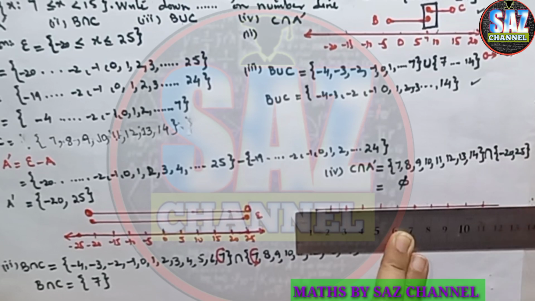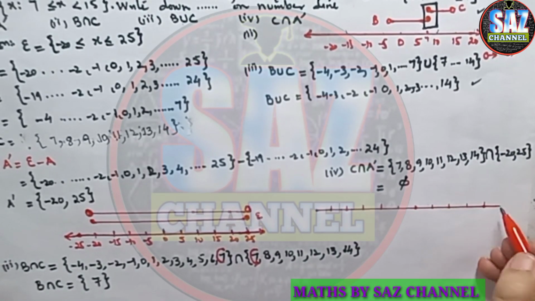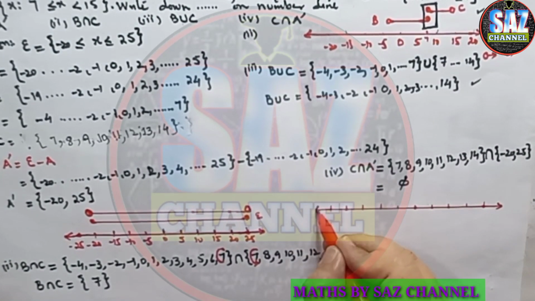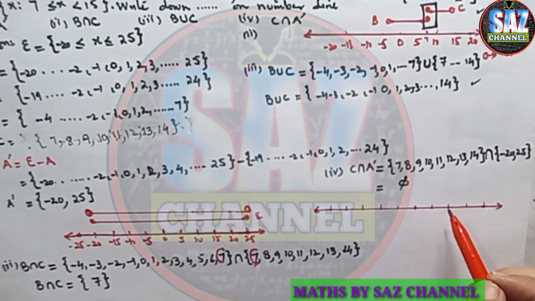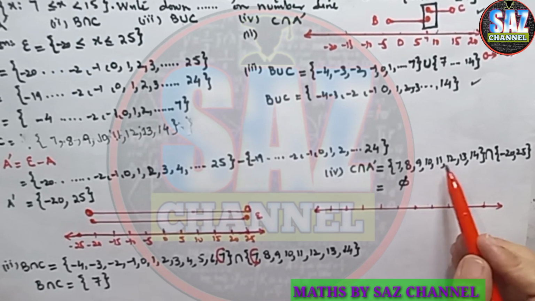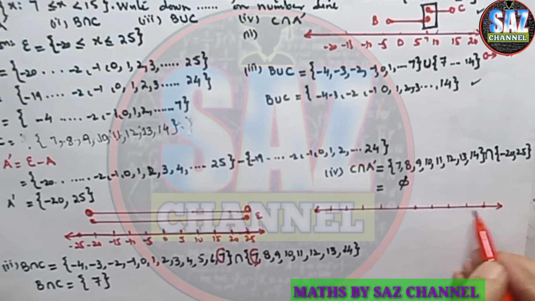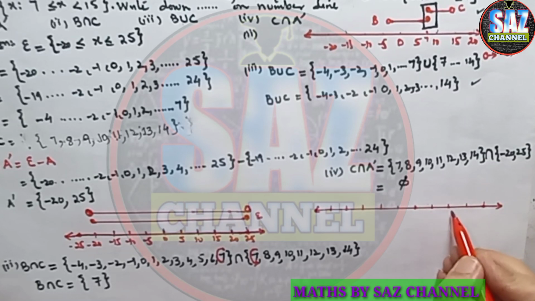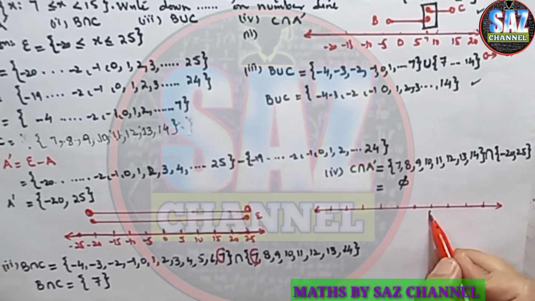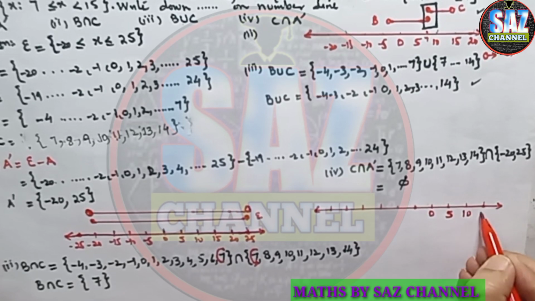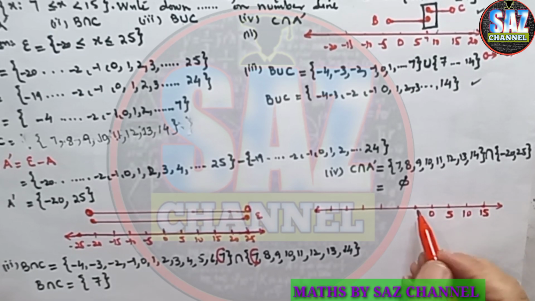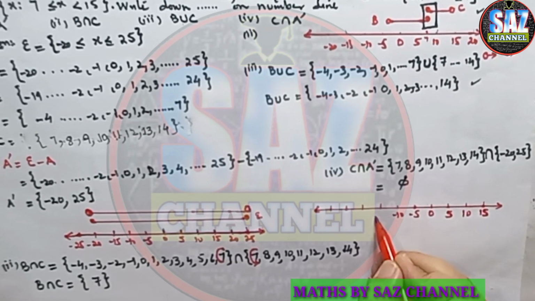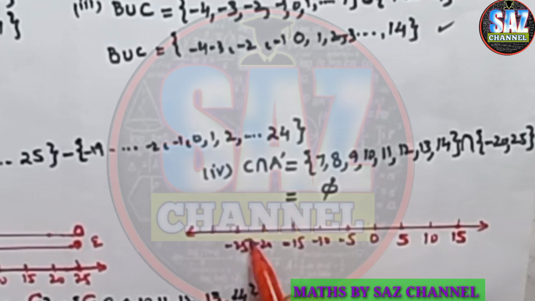Draw the line and mark the arrows. Now on the positive side, I need the numbers from 7 till 14. So if I take the gap 0, 5, 10, 15, this will be enough. And on the other side, minus 5, minus 10, minus 15, minus 20 and minus 25.